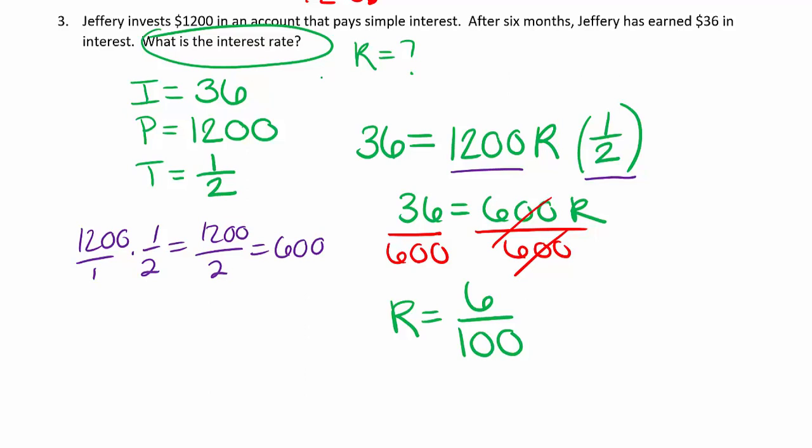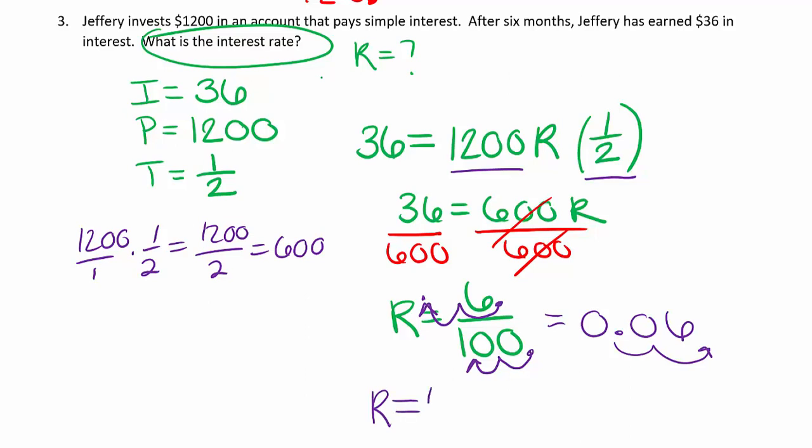If you don't recognize that, you have to convert this into a decimal. Dividing by 100 always moves the decimal 2 places to the left. So R is 0.06, but then as a percentage, we actually move the decimal back to the right, so the interest rate must have been 6%.